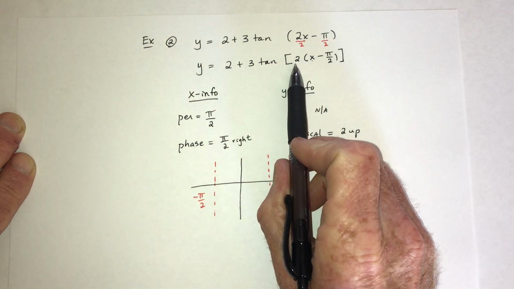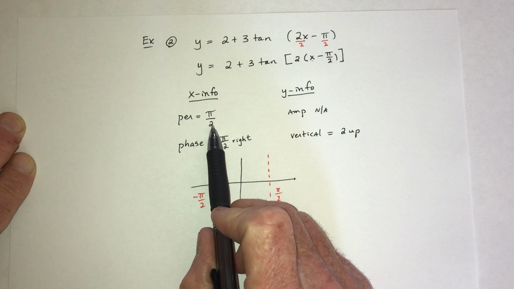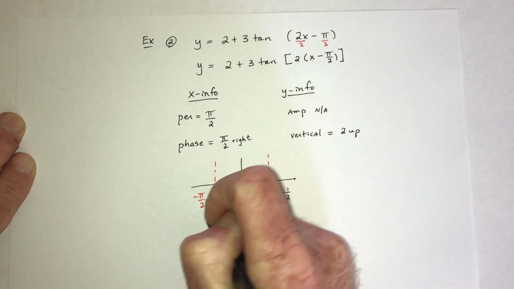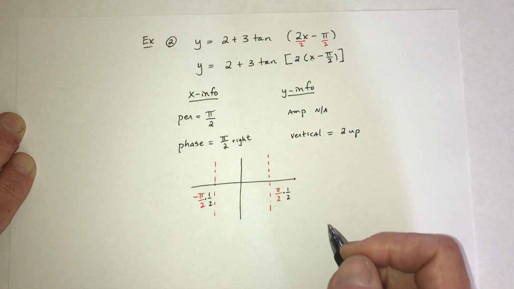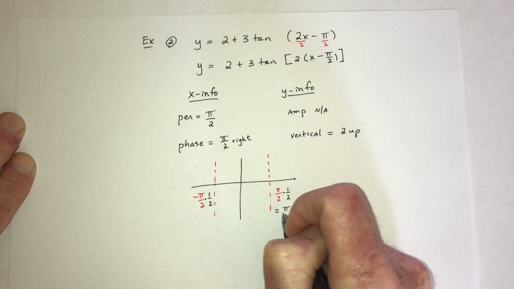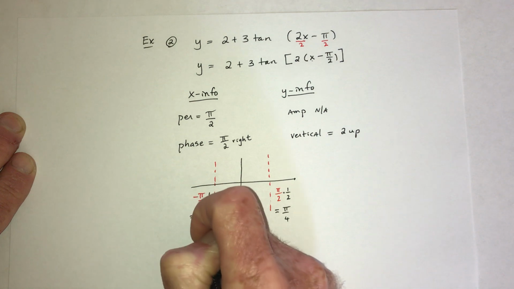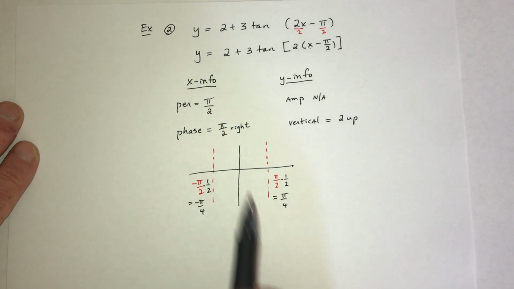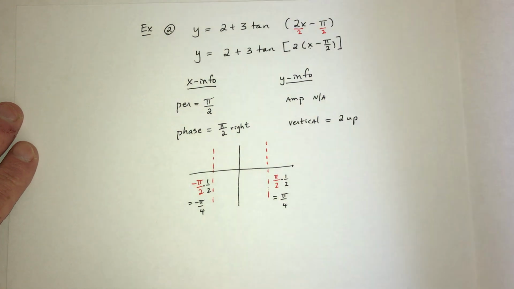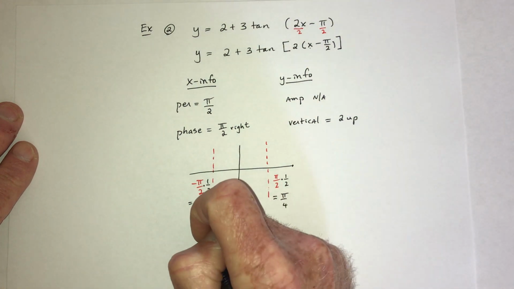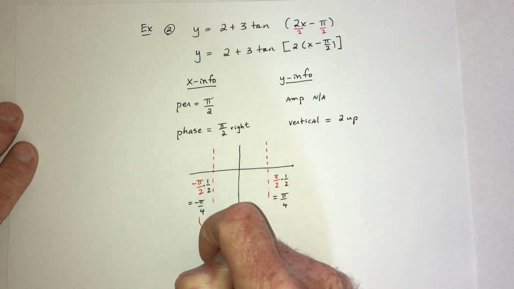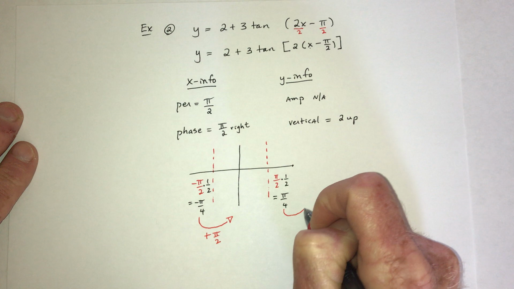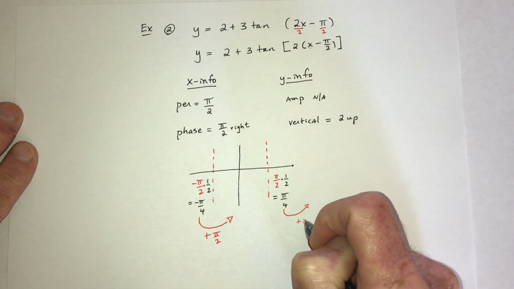But then because of this, I have to divide that by 2 or cut it in half. So that means that each one of these needs to be cut in half. So this would be pi over 4, and this would be negative pi over 4. Now shift those to the right. So this we'll need to add pi over 2, and this we'll need to add pi over 2.